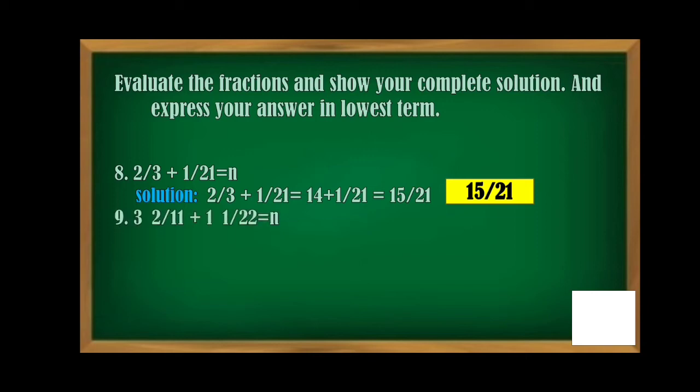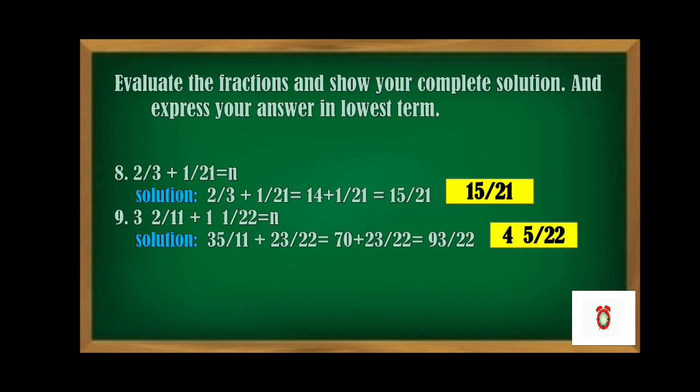Number 9. 3 and 2/11 plus 1 and 1/22 equals n. Alright, the solution is 35/11 plus 23/22 equals 70 plus 23 over 22, and the answer is 4 and 5/22.